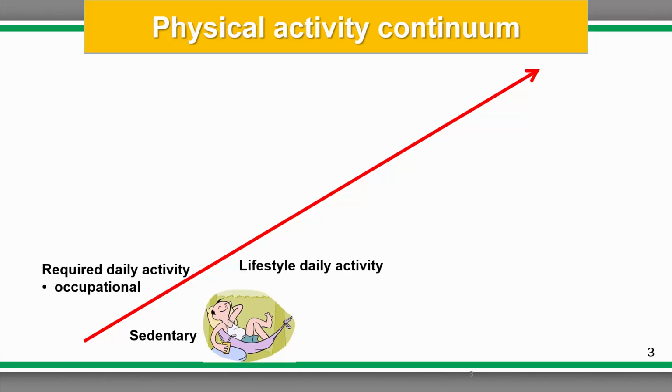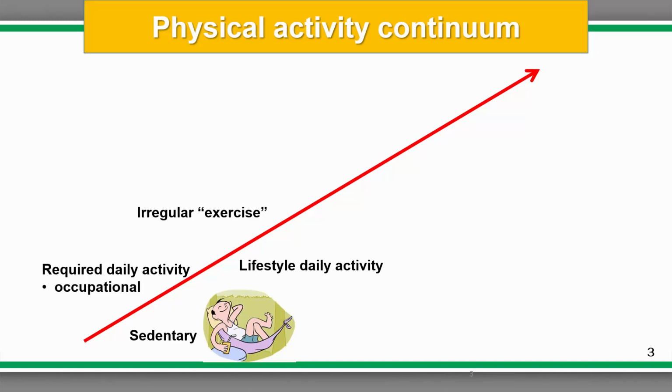Stepping up further in terms of the activity continuum, lifestyle daily activity refers to that activity that extends beyond what is simply required for occupational or necessary reasons. And further elevating that lifestyle daily activity is what I call irregular exercise.